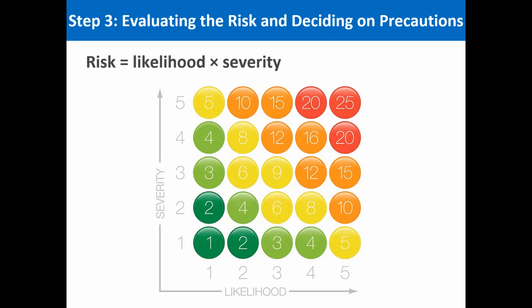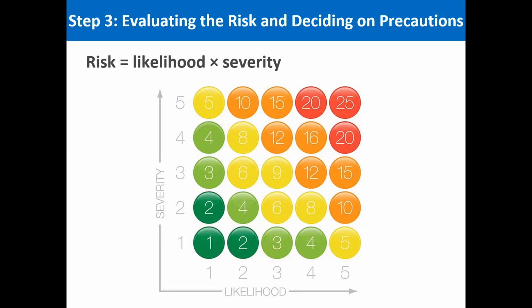So H2S is one hazard, and the second hazard is driving. I want you to give a likelihood rating to H2S and to driving, and a severity rating to H2S and to driving as well.